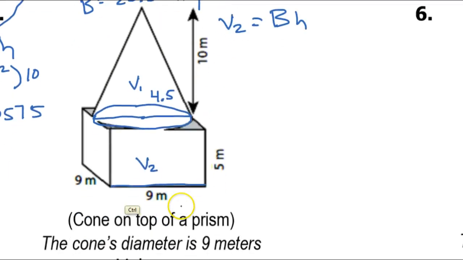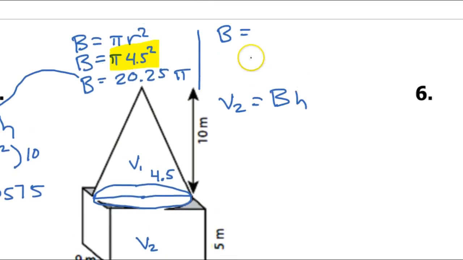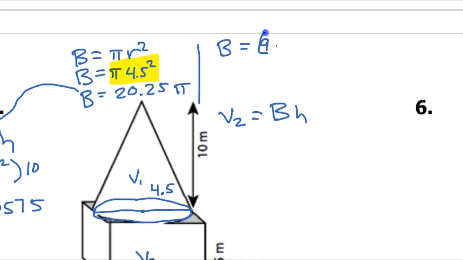So the area of this base, it's a square actually. The base here is the very bottom of this prism, and that's going to be just 9 times 9. So 9 times 9, of course, is 81. So that's the area of the base, so that goes right here.